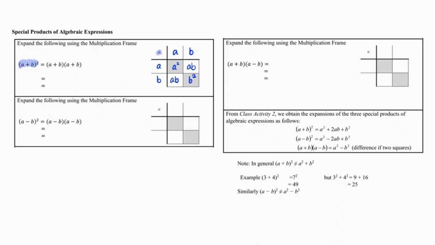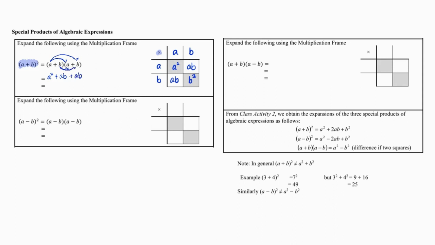And if I were to use the distributive law of multiplication, I will have a times a, they will give me the same answer. Multiply a times b, I will have positive ab, positive b times a, and a times b is the same.